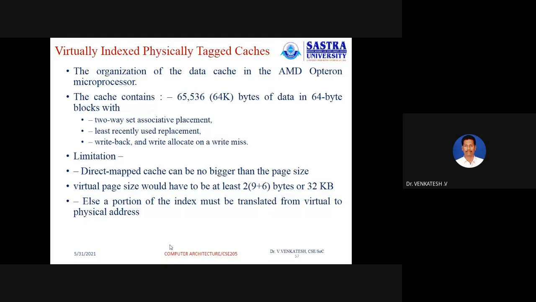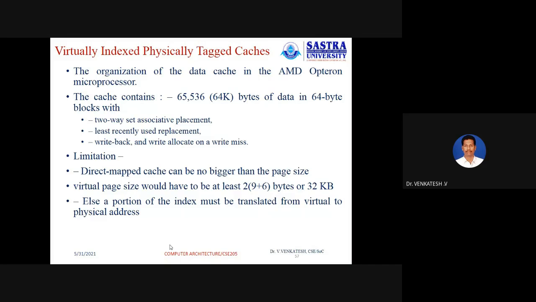Either we can follow two-way set associative placement, in which case we have two sets of information, or otherwise we can use least recently used replacement. Whatever was least recently used is going to be replaced. So instead of keeping all those things, we are going to use least recently used replacement.